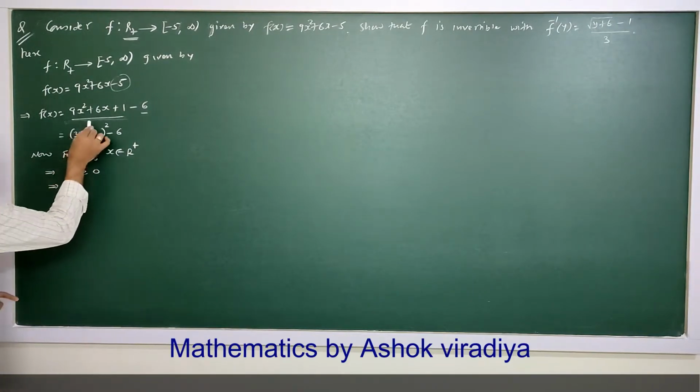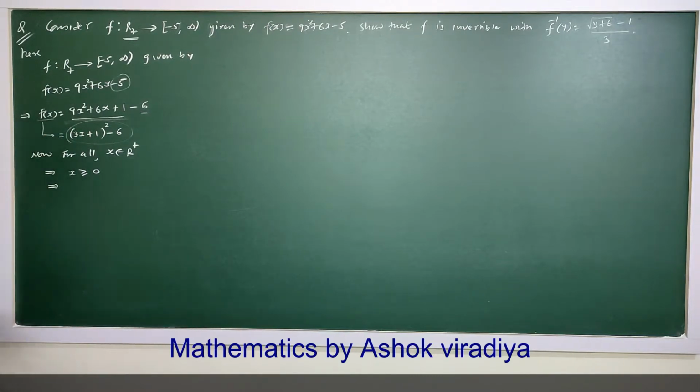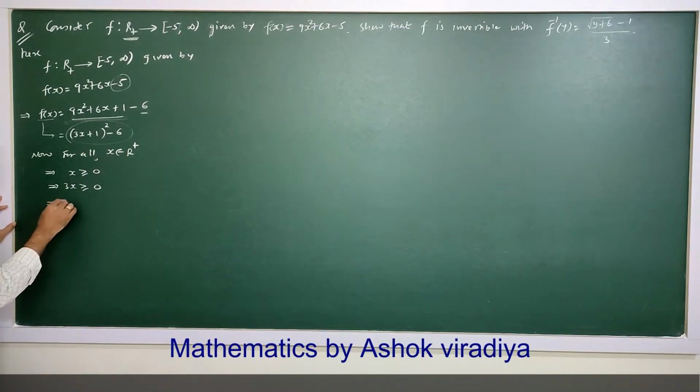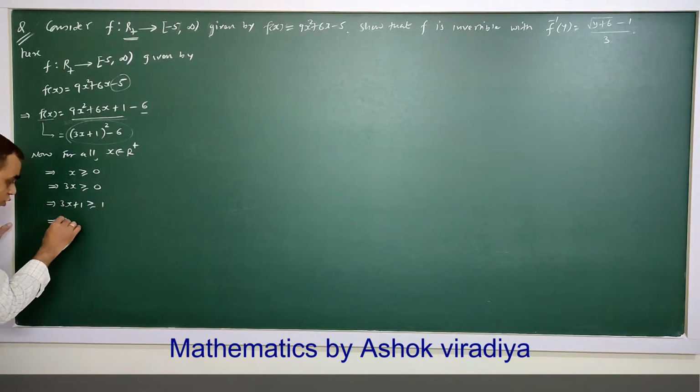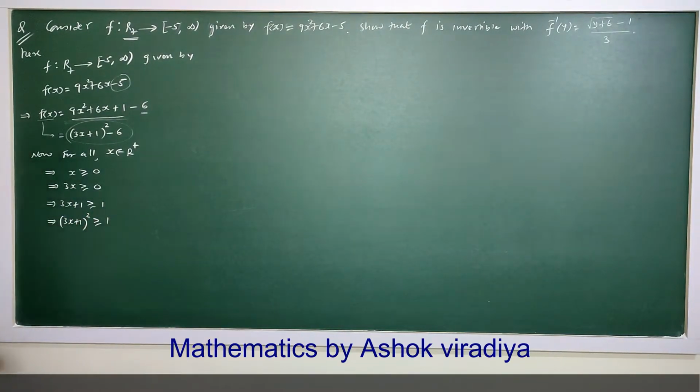We are creating this formula in this form to check its range. Multiplying by 3, 3x is more than or equal to 0. Now adding 1, 3x plus 1 is more than or equal to 1. Now taking square, any number that is more than or equal to 1, its square is also more than or equal to 1.